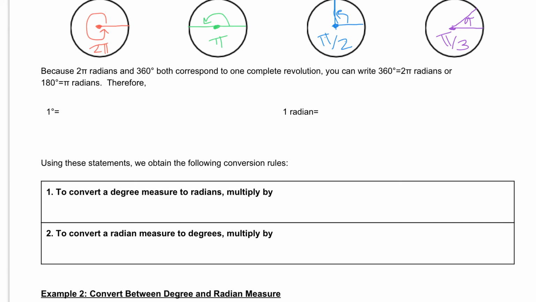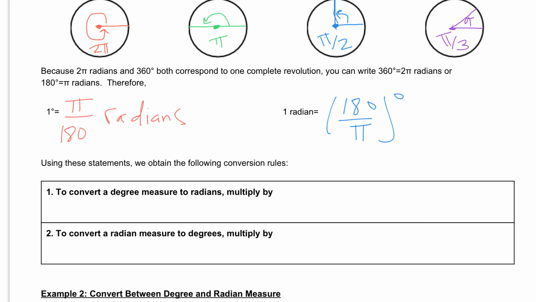Therefore, we can say that 1 degree is equal to pi over 180 radians, and 1 radian is equal to 180 over pi degrees.